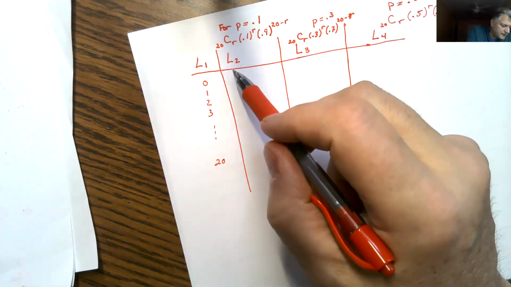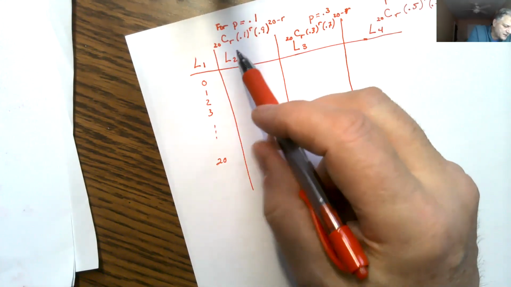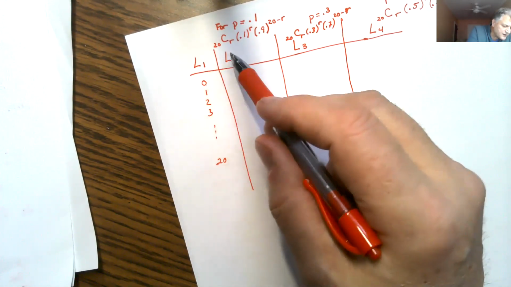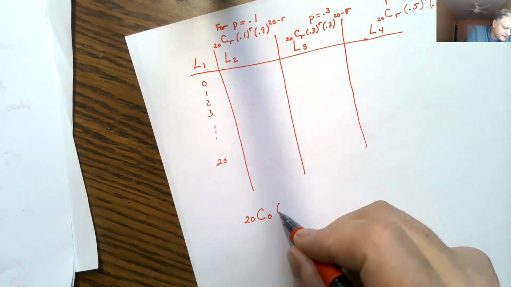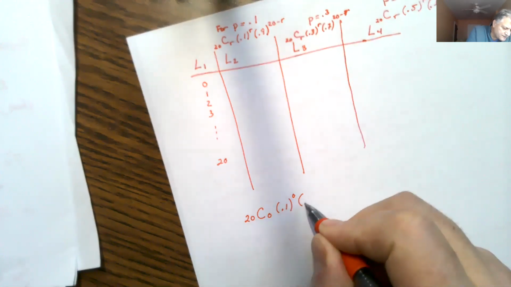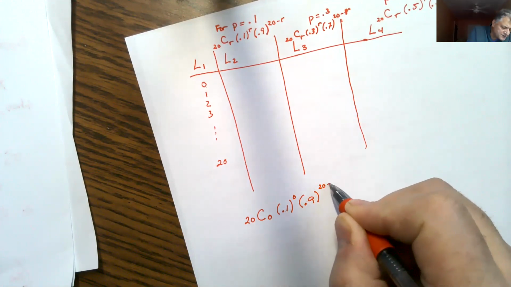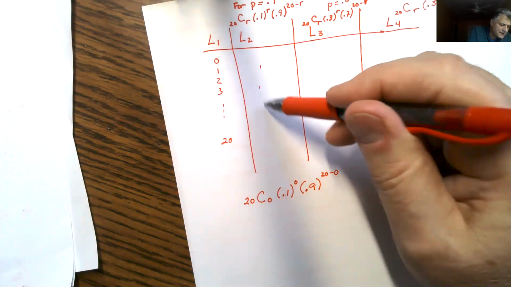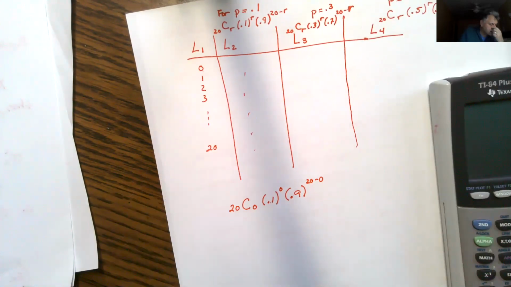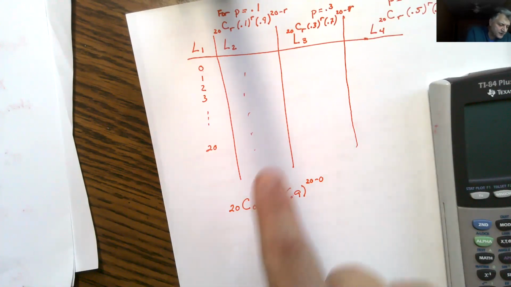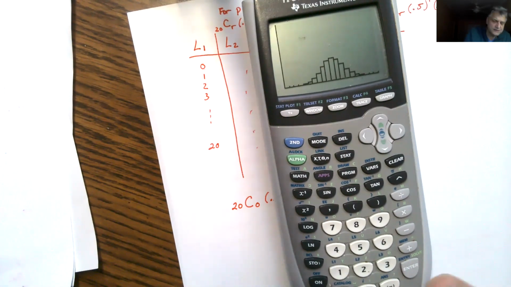To get all these probabilities on my calculator, for example the probability of getting 0 heads, that was 20 C 0, 0.1 to the 0, and then 1 minus 0.1 is 0.9 to the 20 minus 0, and so forth. That's how I get all these numbers here. So I got all these probabilities, and this is what my first distribution looks like.